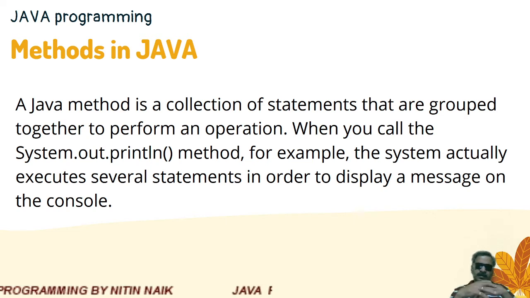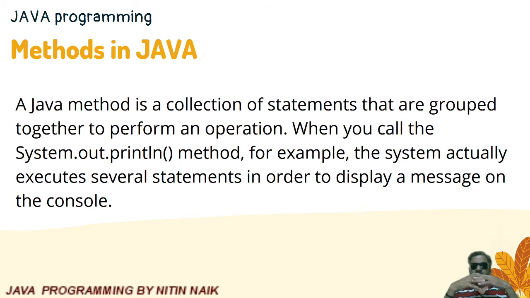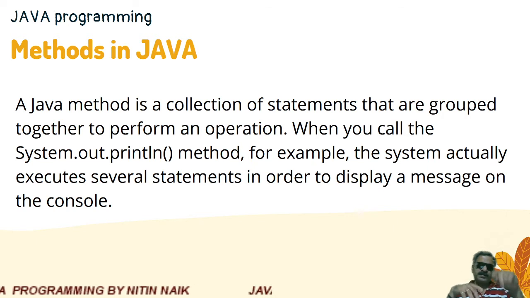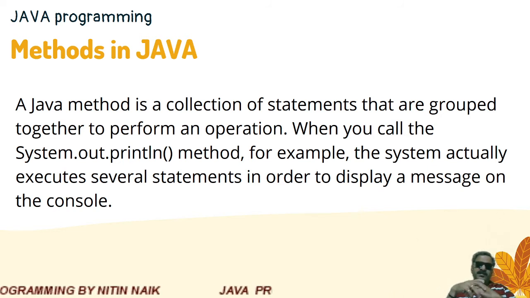So when you call the System.out.println method, for example, the system actually executes several statements in order to display a message on the console. Now, println is a function or method from the out class which is derived from the System class. So how is this println function or method executed?